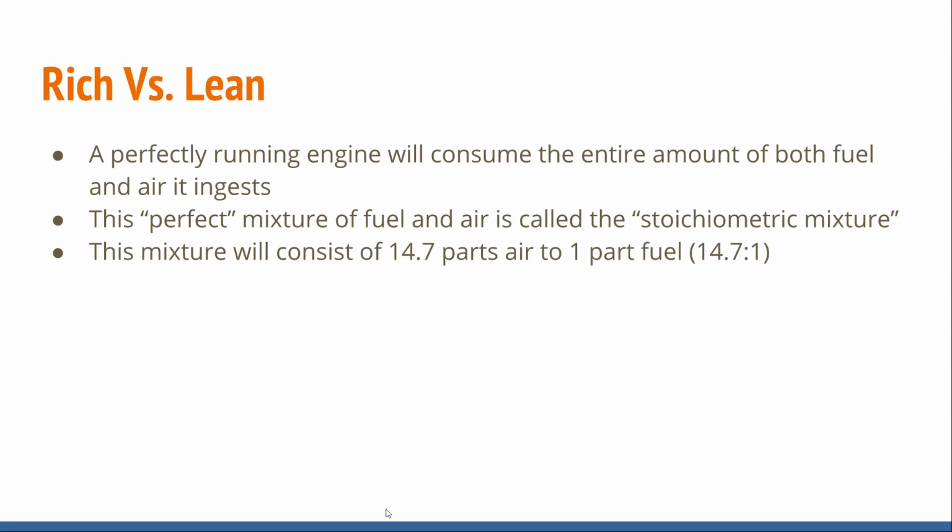And I don't know who figured this out. Some scientist somewhere decided that the most combustible mixture would be 14.7 parts air to 1 part fuel. Anything less than that does not create the amount of combustion we want. Anything more than that does not create the most efficient combustion or the amount of power by igniting the mixture. So that's called stoichiometric mixture. That's what we're trying to achieve with these engines.